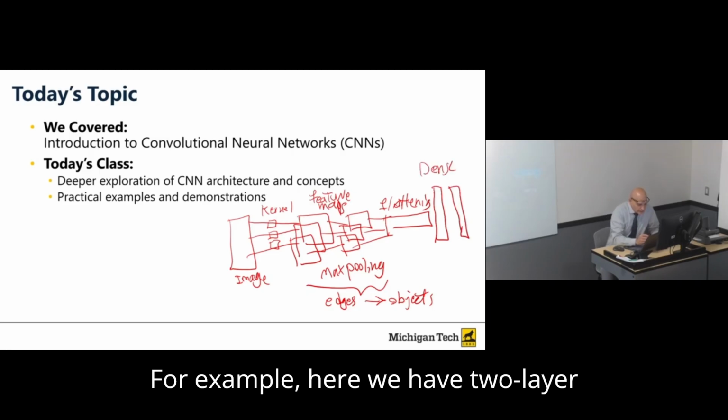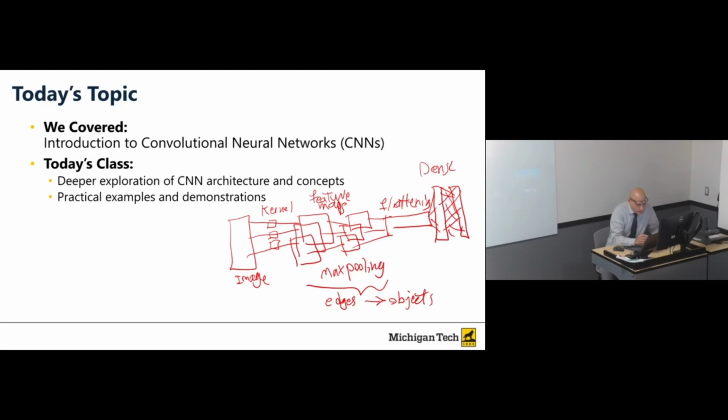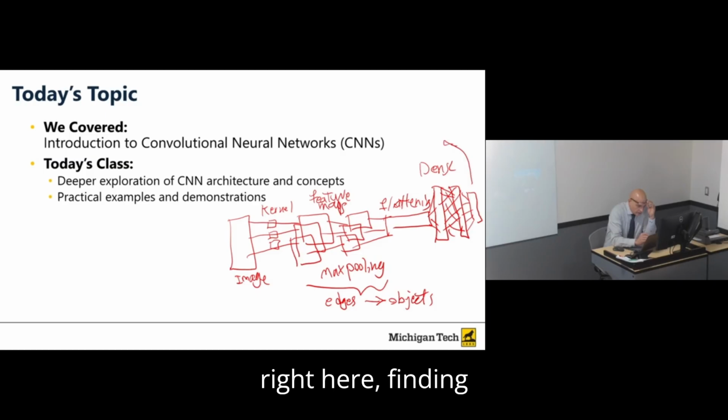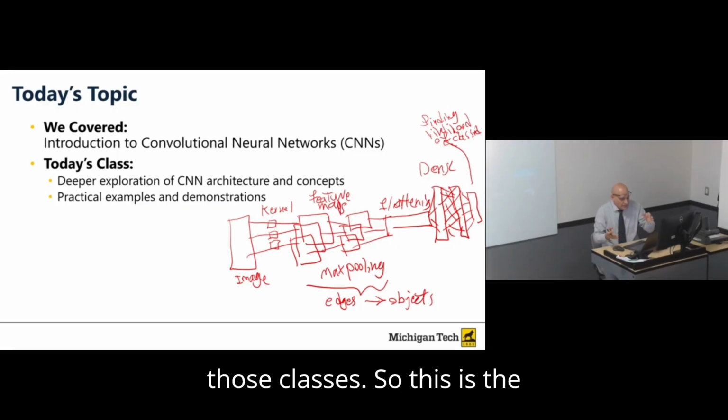For example, here we have a two-layer dense network. Dense means everything is connected to everything. And finally, we find the likelihood of belonging to the classes.